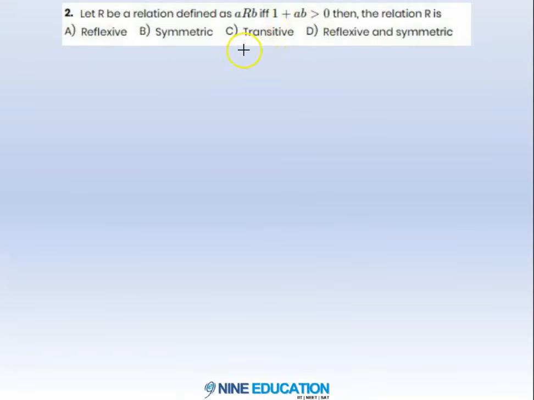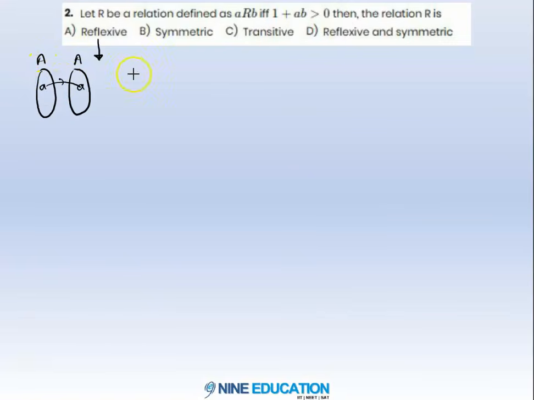Question number 2 says R is a relation defined if 1 plus ab is greater than 0, and we have to identify the type of relation. For a reflexive relation, the condition is that if a relation is being defined from set A to A, then an element a of this set must be related to itself.